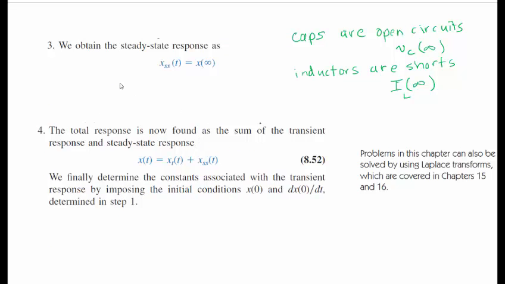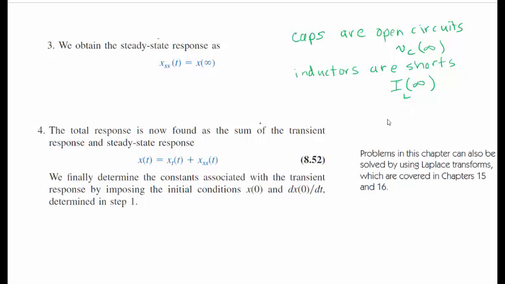The third step is to find the steady state response, so the value of the voltage or the current at t equals infinity. And always remember when you're doing that, capacitors are open circuits after infinity time has gone by, and inductors are short circuits after infinity time has gone by.